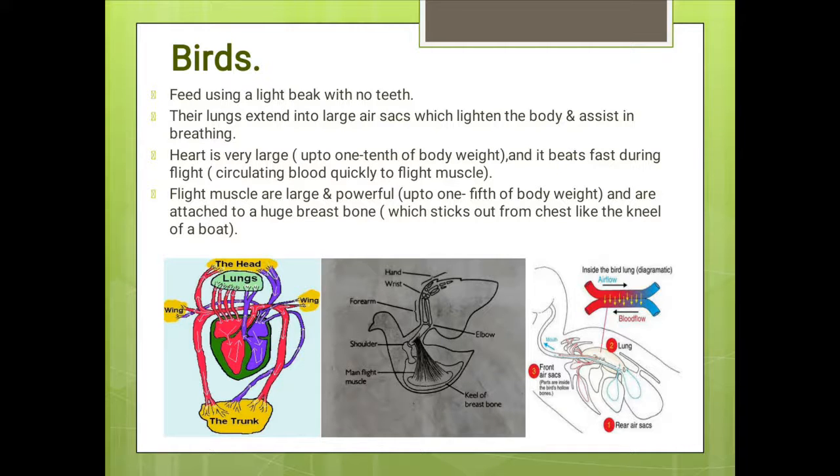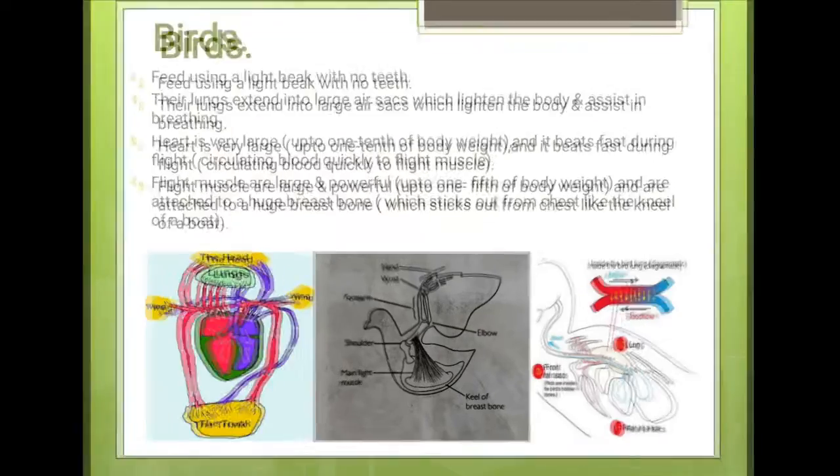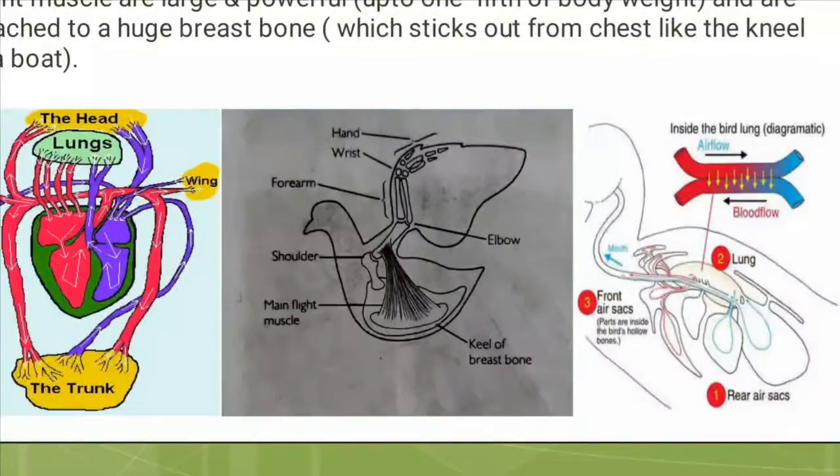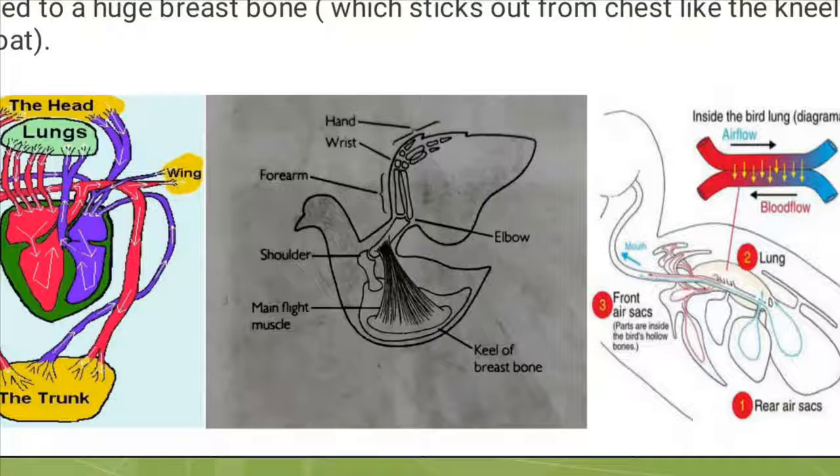Similarly, like the heart, the flight muscle is also very large, up to 1/5 of its body weight. And if you focus on the second picture here, you would see where the flight muscle is located. It is attached to a huge breastbone which sticks out from the chest, just like the keel of a boat.